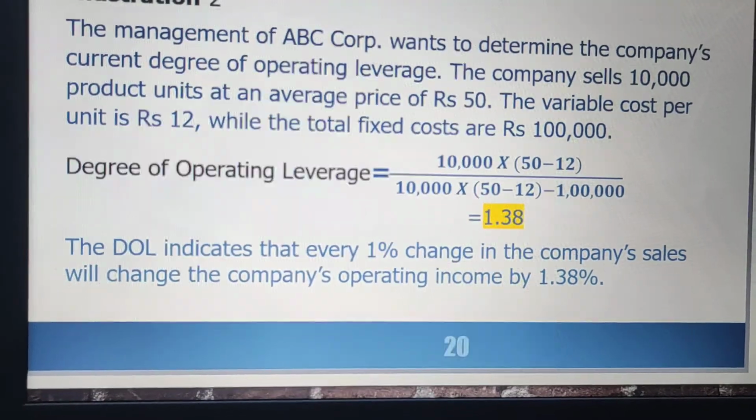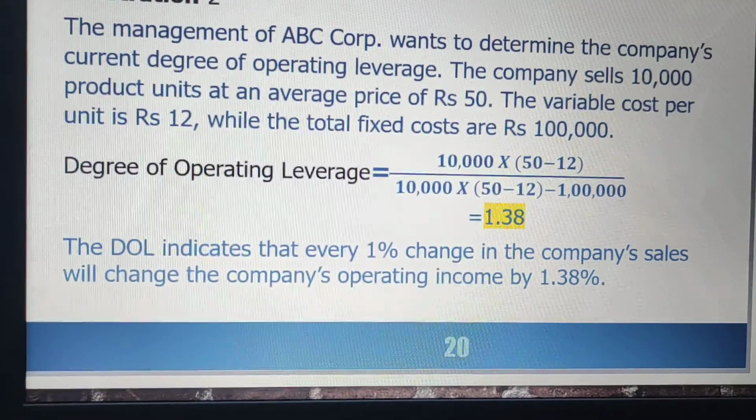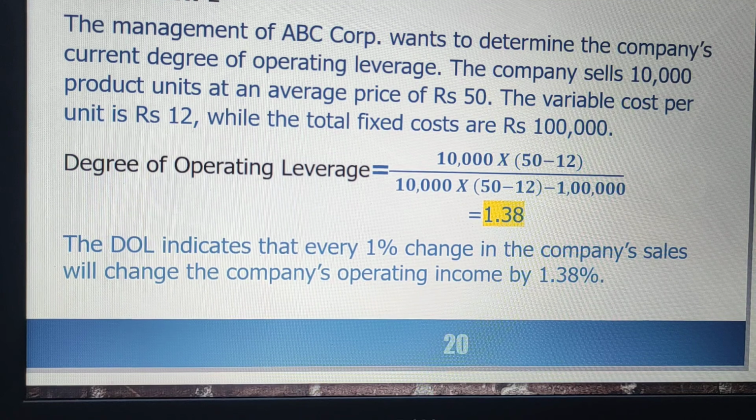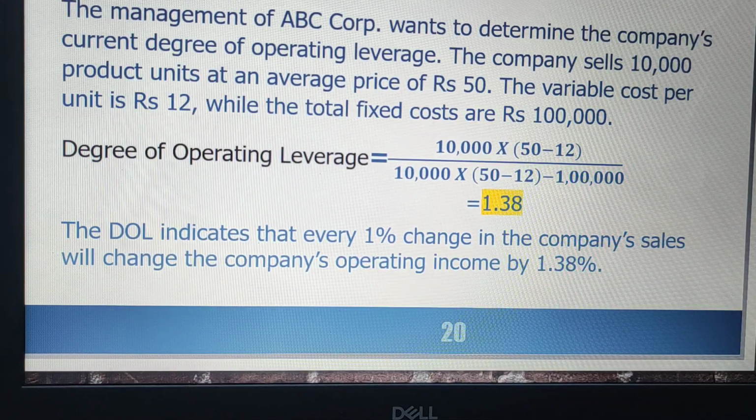Now understand this with the help of an example. The manager of ABC Corporation wants to determine the company's current degree of operating leverage. The company sells 10,000 product units at an average price of 50, the variable cost per unit is 12, and its fixed cost is 1 lakh.